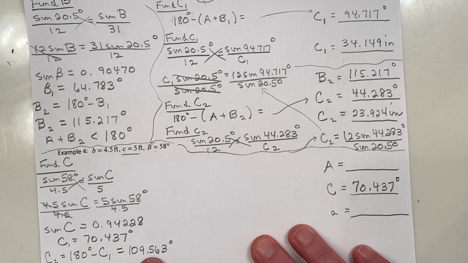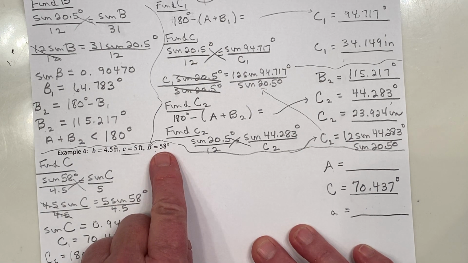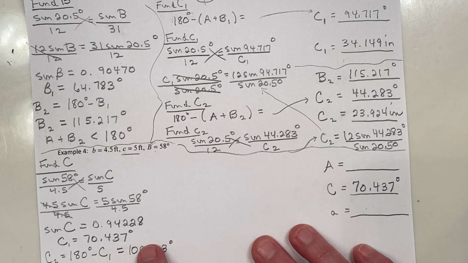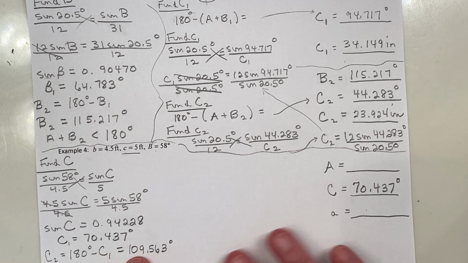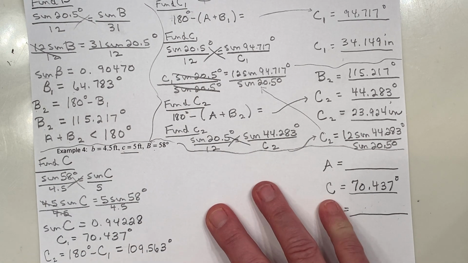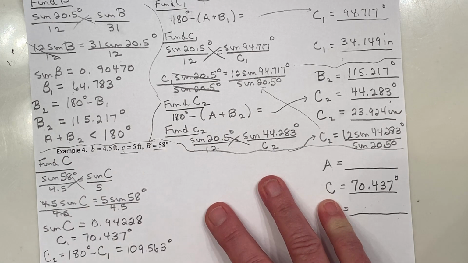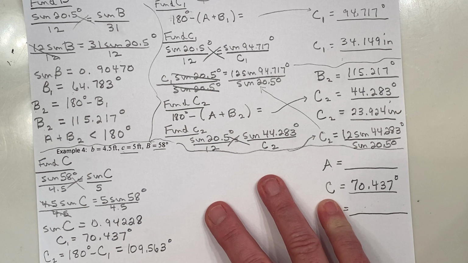So what if the calculator returned this? Because both of these are correct for this equation right here. We'll check, what's 109 or almost 110 plus 58? Well, that's still less than 180. So I'm going to say yes, there is a second triangle. And that's because B plus C sub 2 is still less than 180 degrees.